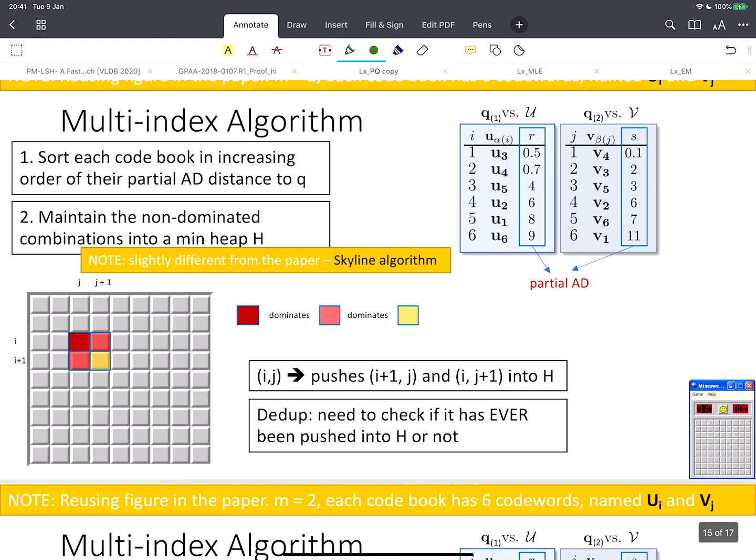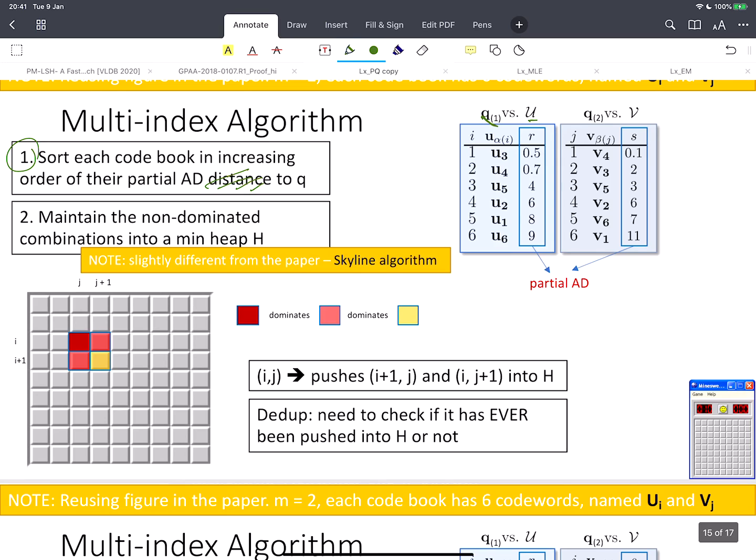Okay, and the whole idea is that the so-called multi-indexing algorithm actually has two steps. The first step is to sort each codebook in increasing order of their partial AD distance to Q. Actually, AD is asymmetric distance, AD to Q. So basically, we use the example in the paper, where you have Q1 and they use the first partition, again it's two partitions.